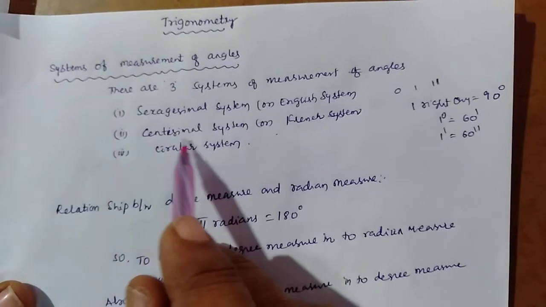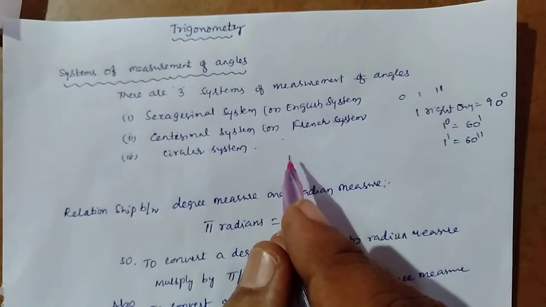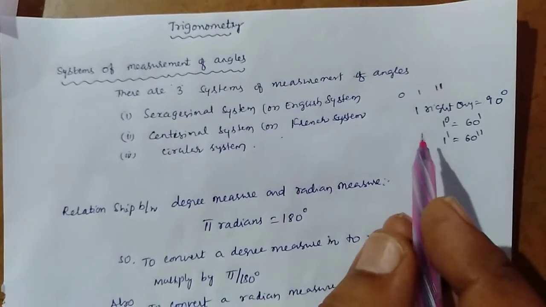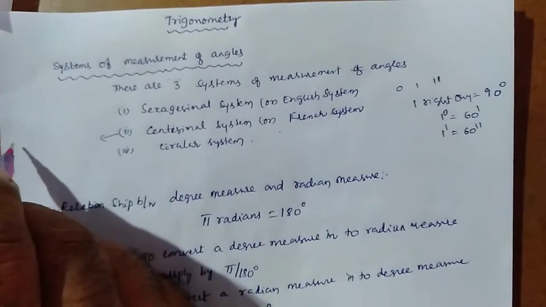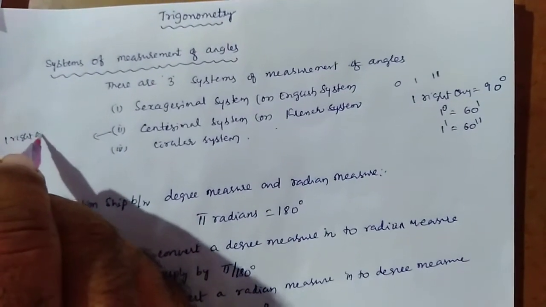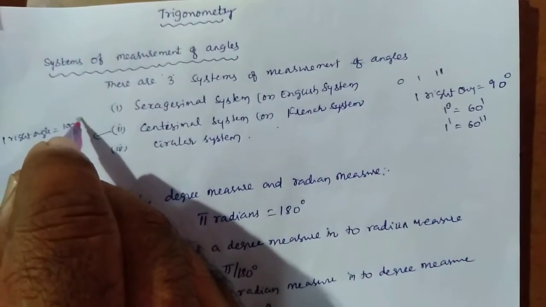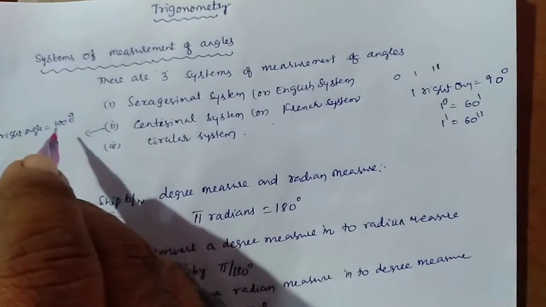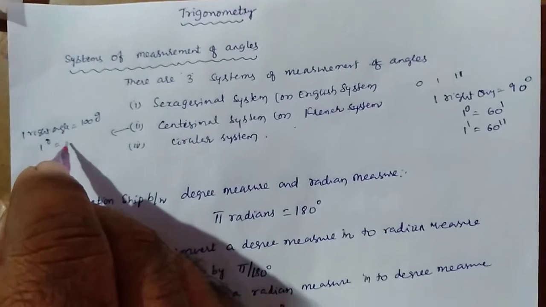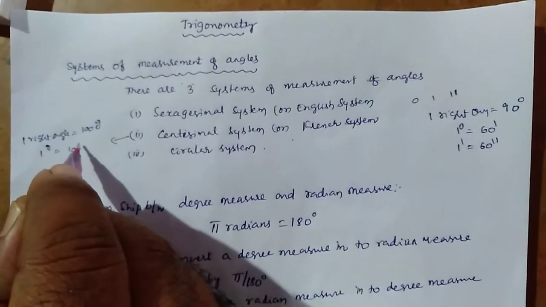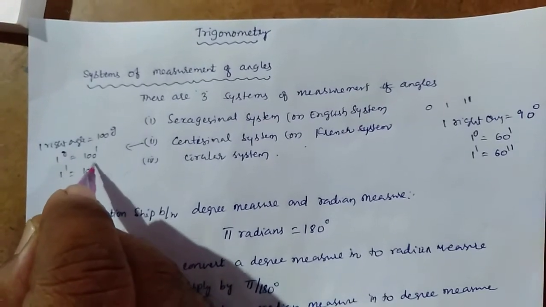Similarly, in the centesimal system or French system, a right angle is divided into 100 equal parts called grades, and one grade can be divided into 100 minutes, and 1 minute can be divided into 100 seconds.